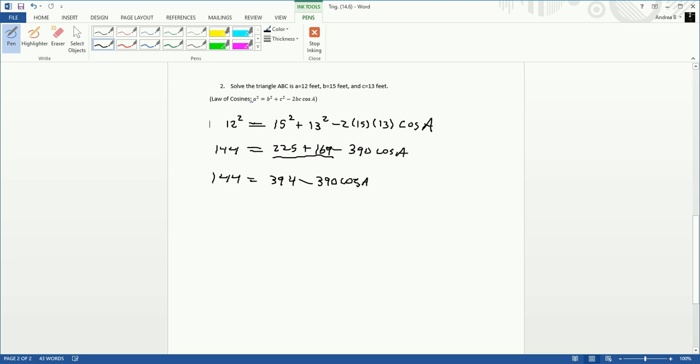Then we need to get that part by itself, so we subtract the 394 from both sides of the equation.